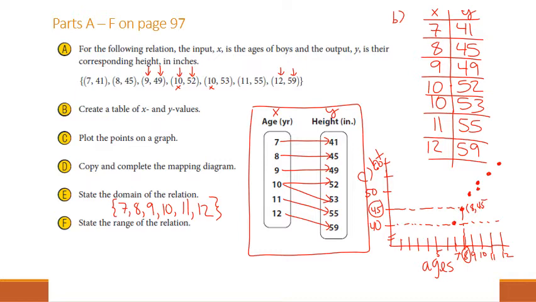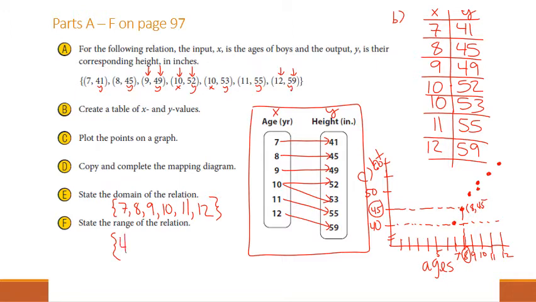And F asks us to state the range of the relation. So we want to find all the elements of our range. And those are all the outputs. So you're looking for all the Y values. So all these Y values are part of my range.